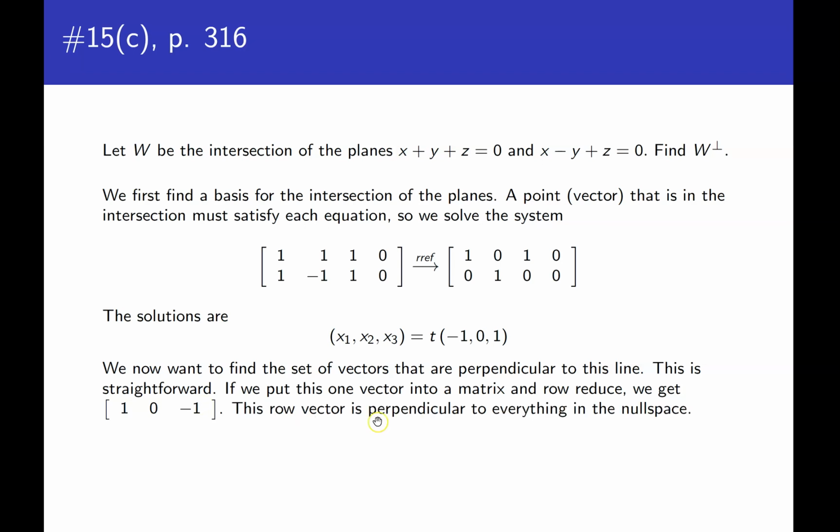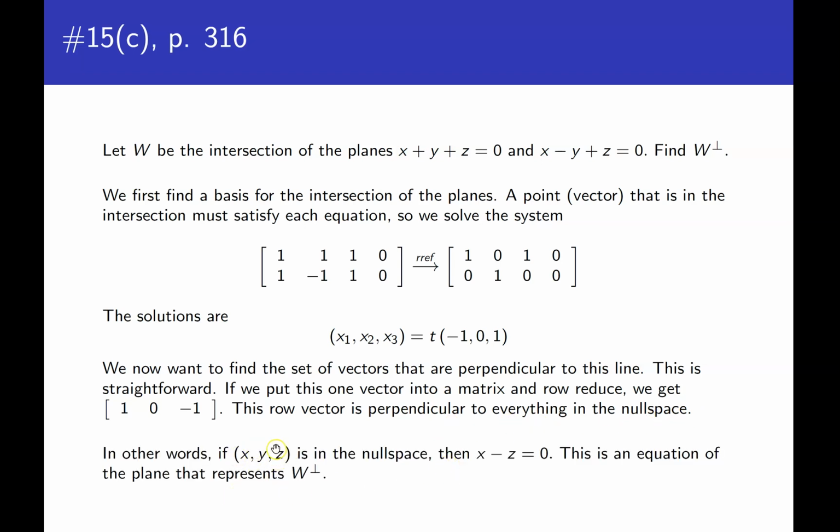We also notice that this row space, one row vector, is perpendicular to everything in the null space. So if we have an (x, y, z) that's in the null space, then I know that 1 times x plus 0 times y plus -1 times z has to be 0, or x - z = 0.